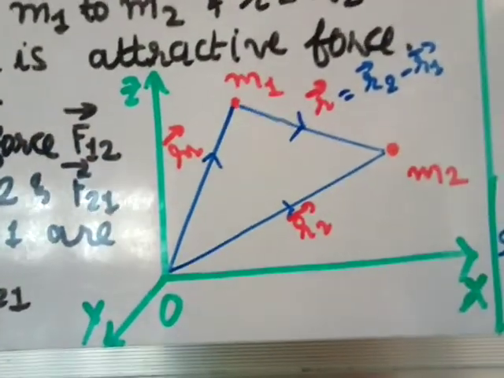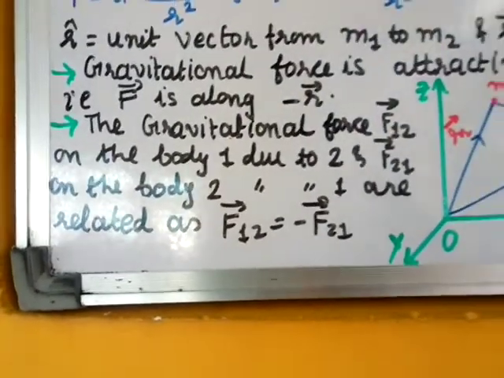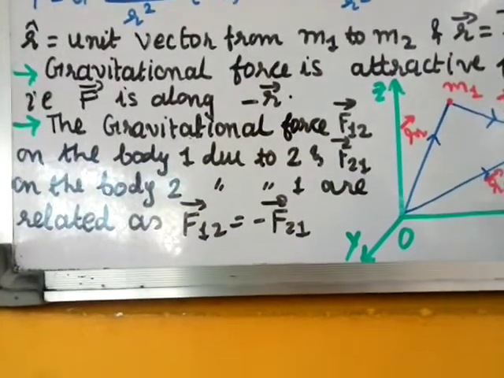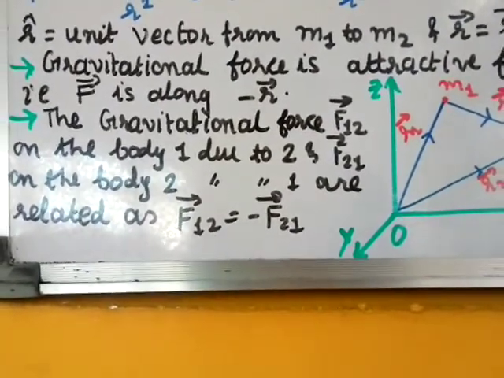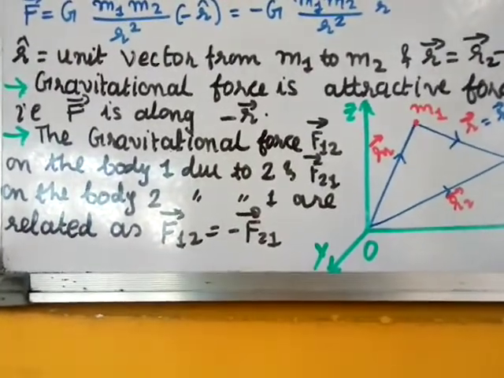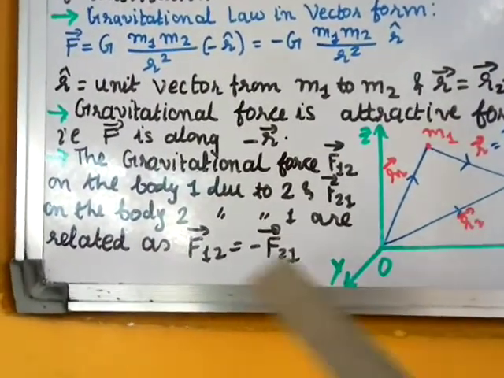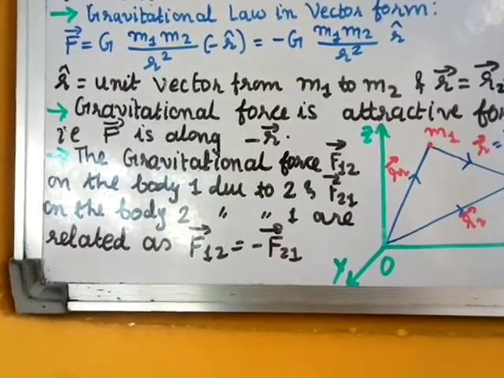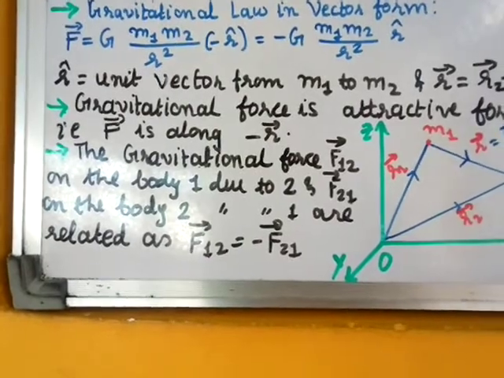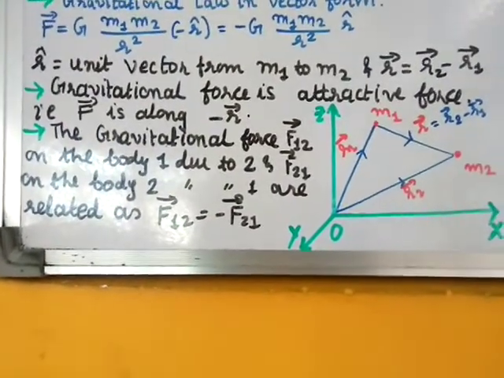Therefore F12 and F21 are equal but opposite in direction, so one is negative. Okay, so that is the relation between the force on body 1 due to 2, and body 2 due to 1. So they are related as F12 equal to minus F21.